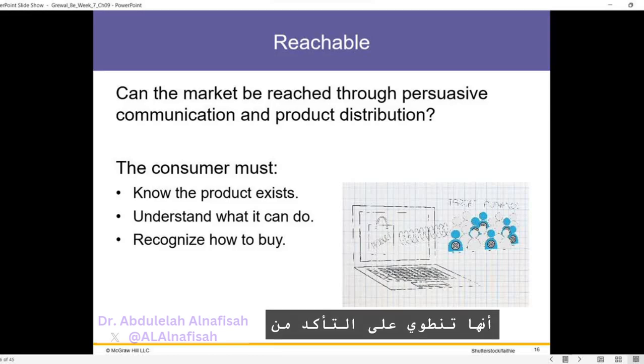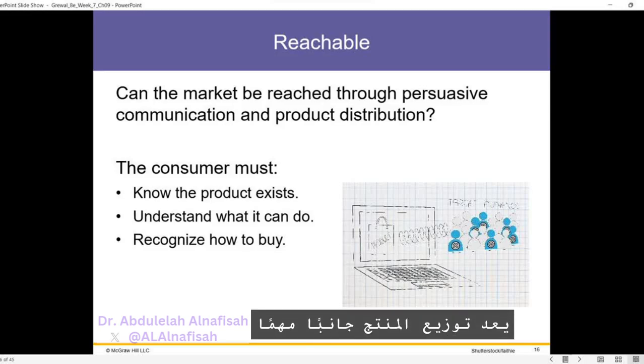It involves ensuring that consumers are aware of the product's existence, understand its benefits, and know how to purchase it. Effective communication is essential to create awareness and generate interest in the target market. This includes developing persuasive marketing messages and utilizing appropriate channels to reach the intended audience.